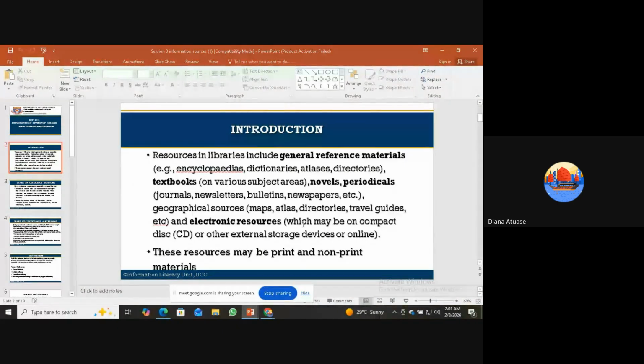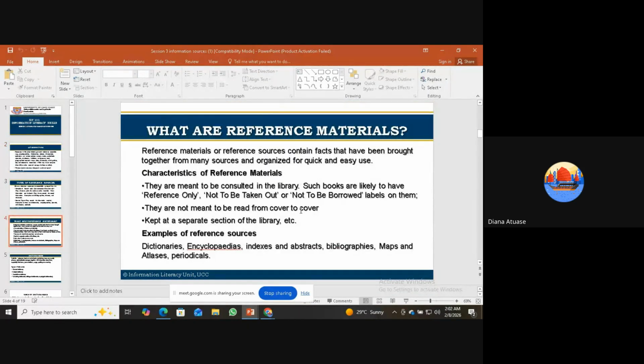There are many. And these materials can be in print and in electronic format. So it means that you can get them in print. You can also get some in non-print, or they are in electronic form.